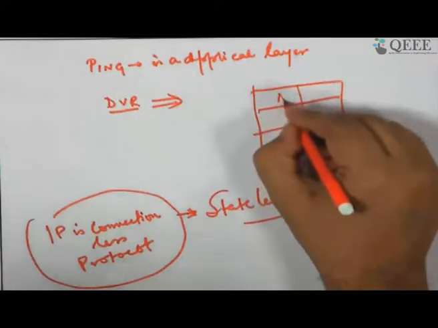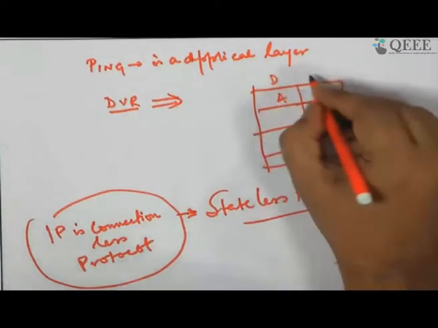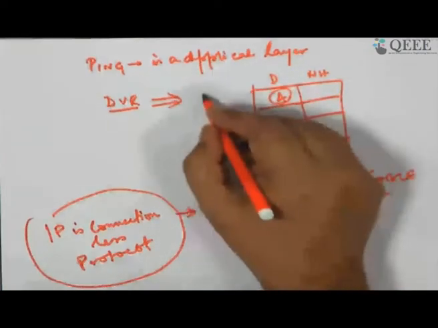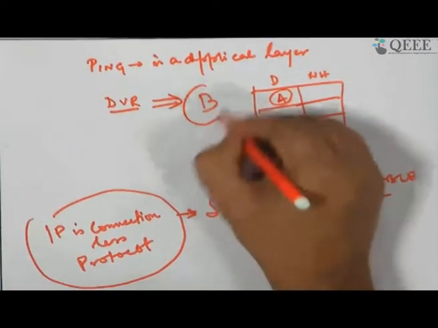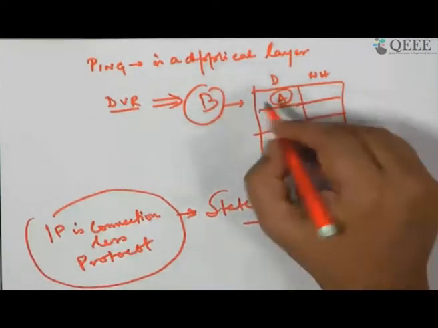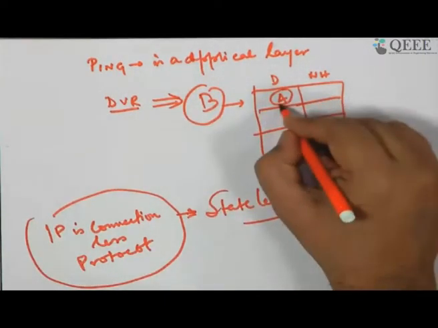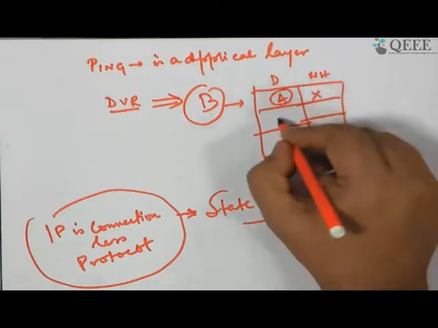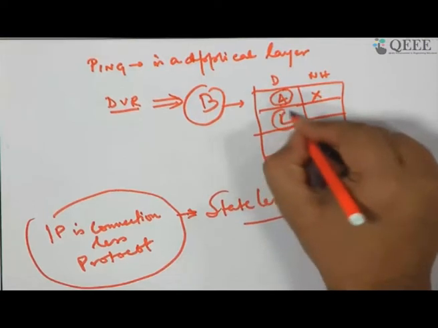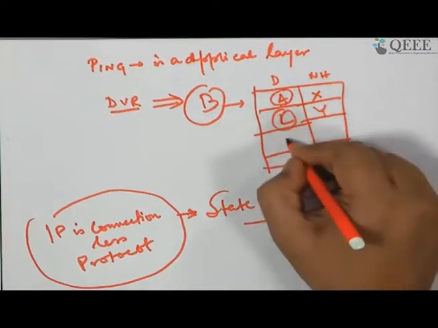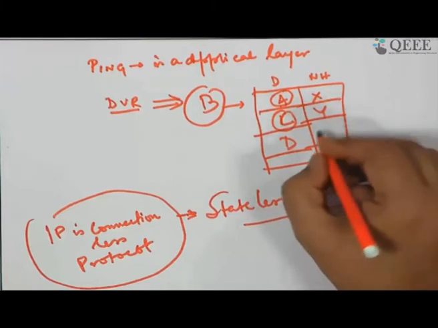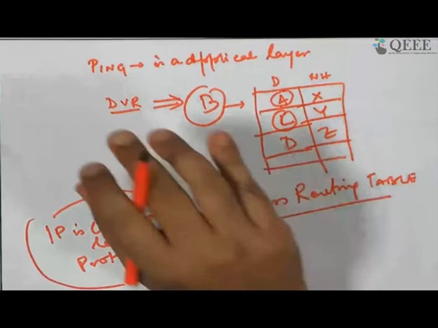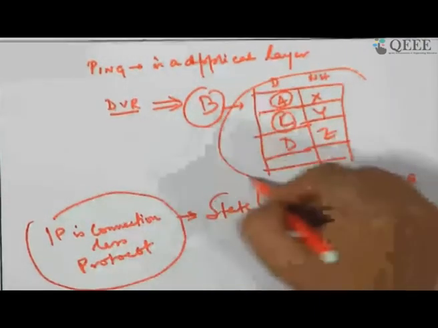That means there are two things, destination and next hop. Say I am keeping a routing table in node B. If you want to go to destination A, the next hop can be X. If you want to go to destination C, the next hop can be Y. If you want to go to D, maybe Z. These are the two things you are keeping, and all these algorithms are ultimately producing this.